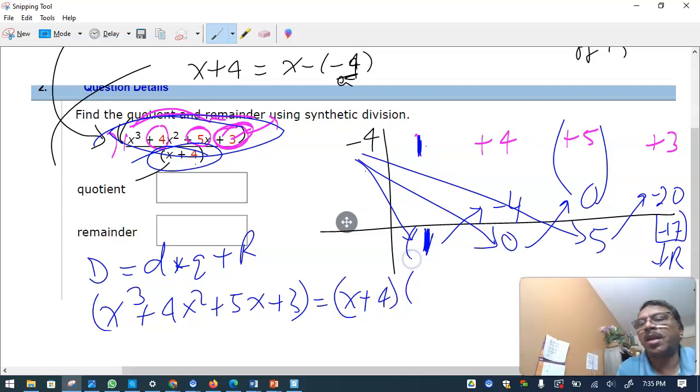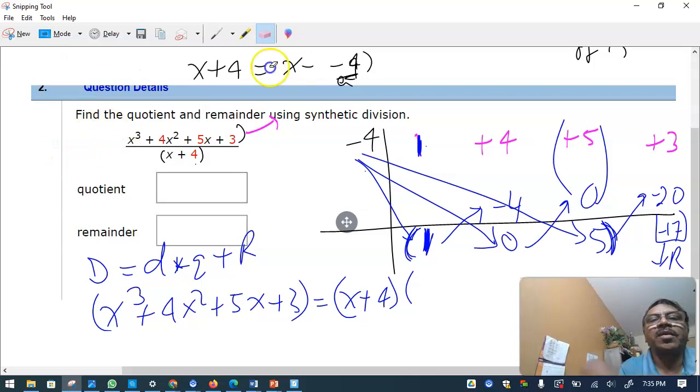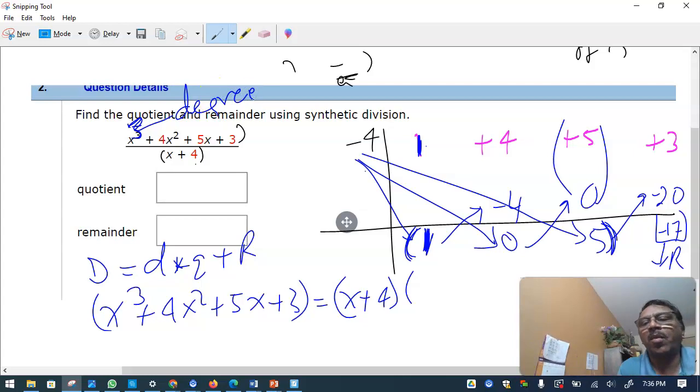So the last row that you get, this one, because the degree of the original was 3. If you see this is a cubic polynomial, and there is a 3 right here. Because this degree is 3, that means you reduce it by 1.